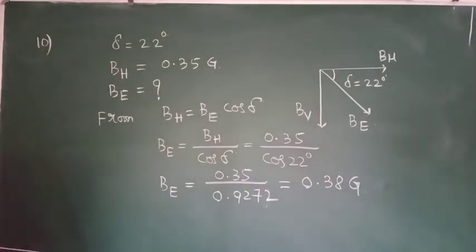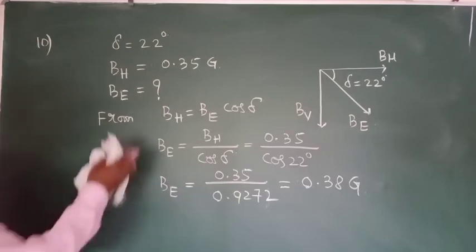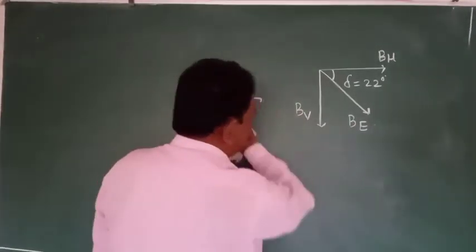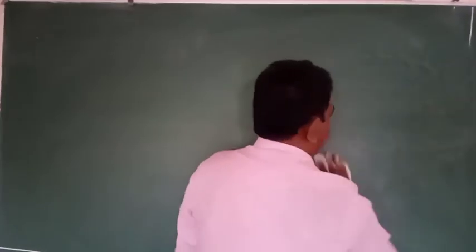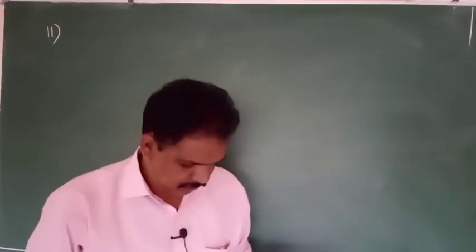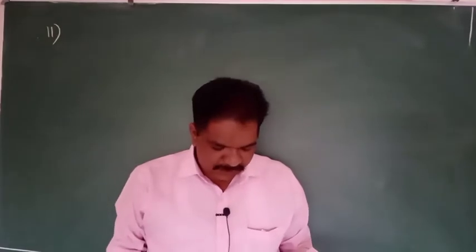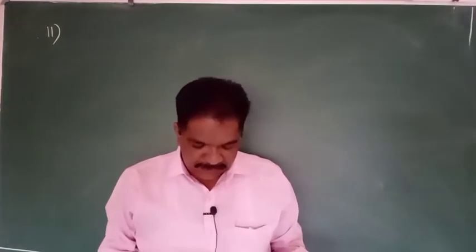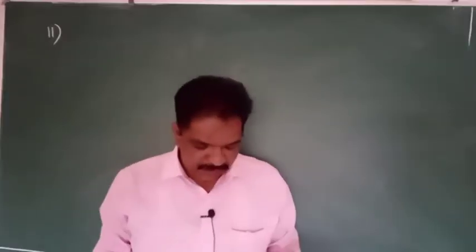Next problem. The 11th one. What they are asking, see: at a certain location in Africa, a compass points 12 degrees west of the geographic north.